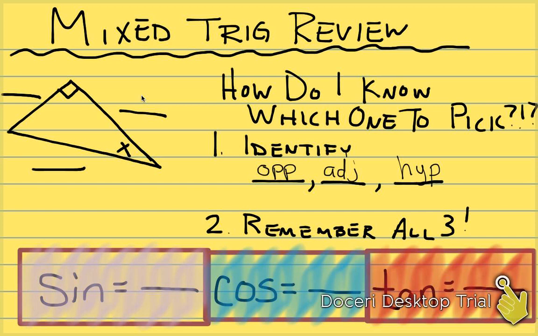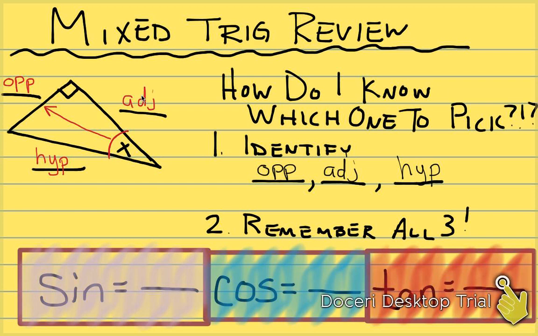Looking at our triangle, if this is our angle x, the hypotenuse is going to be across from the right angle as always. Across from this angle is the opposite, the OPP. And the other side right here next to our angle is the adjacent.